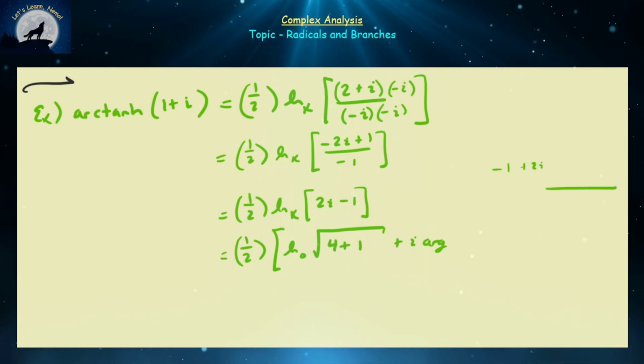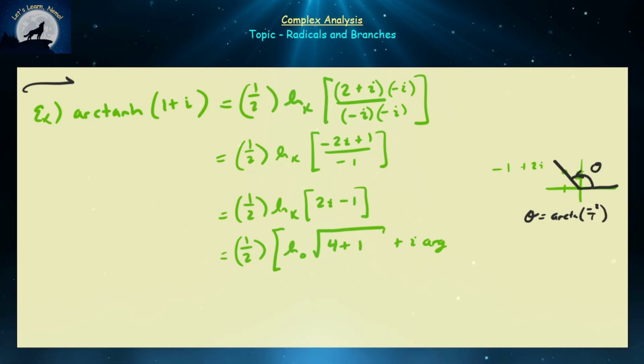It's going to be located here somewhere, so the argument of this complex number is going to be that angle there. In particular, it's going to be the arctangent of 2 divided by negative 1, so the arctangent of minus 2.